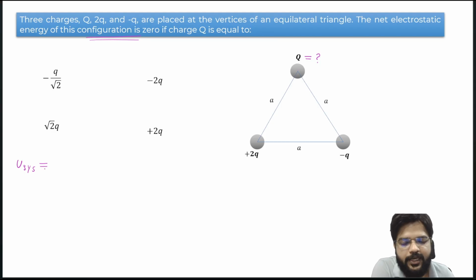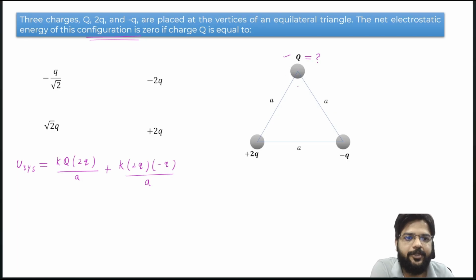So we write the potential energy of each pair. First, between Q and 2Q: it is K Q 2Q divided by A. Then between 2Q and minus Q: plus K 2Q minus Q divided by A. Then between Q and minus Q: plus K Q minus Q divided by A. Correct? This is what we will get.